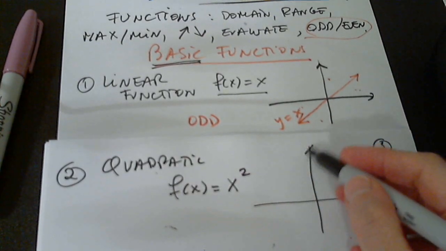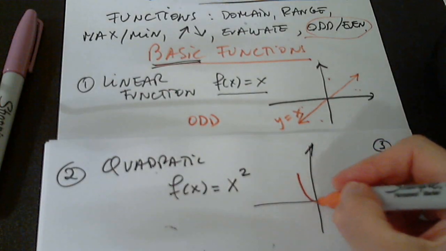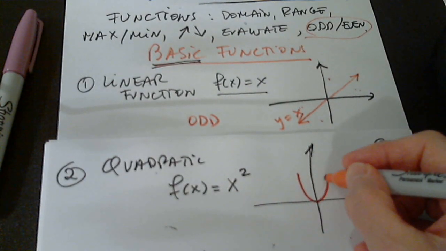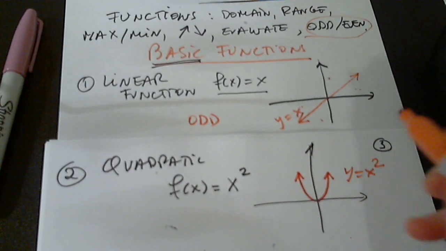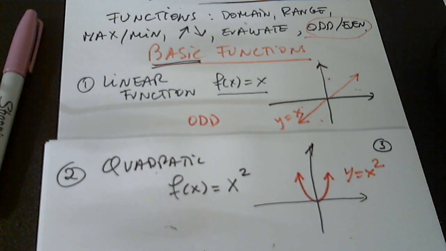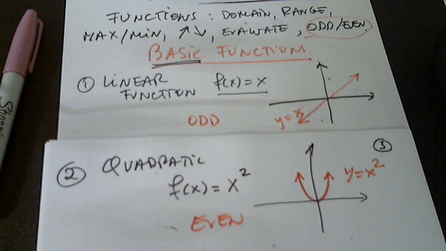Good. We have to remember its graph. The plain, simplest quadratic is this. So this is y equals x squared. Odd, even, or none of the above? Even. Excellent. Perfect.